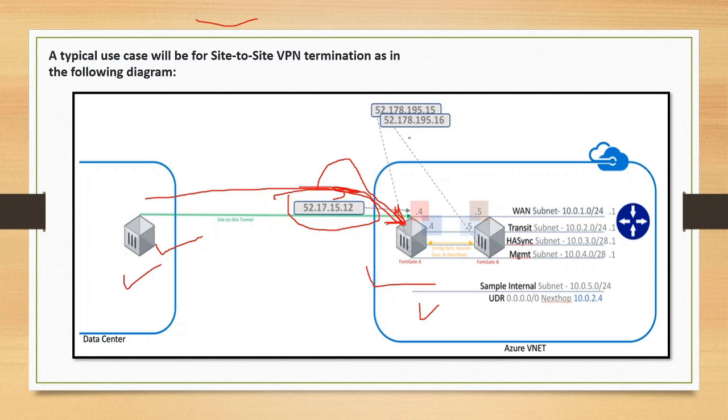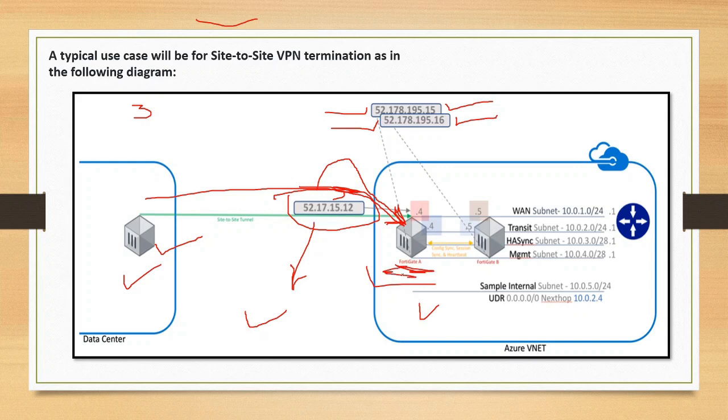Similarly, there will be a separate out-of-band management for both firewalls. So for this deployment, you need 3 public IP addresses: one for the management of firewall A, one for the management of firewall B, and the other a cluster IP address. Now, in this case, FortiGate firewall A is the primary firewall.